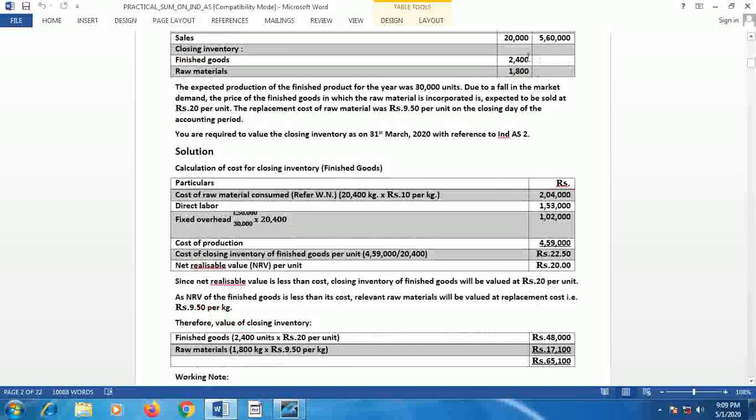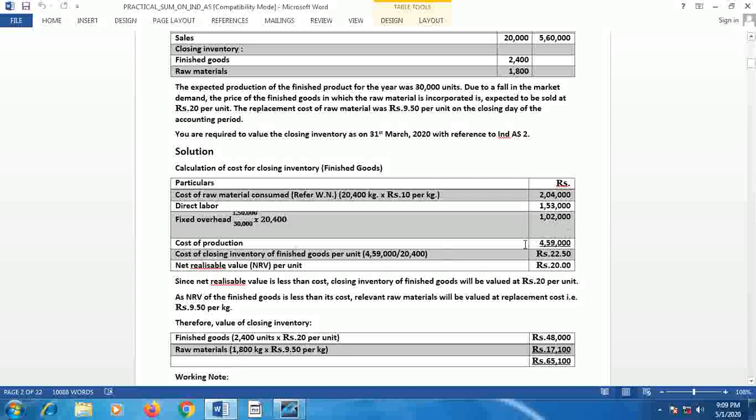So for the fixed overhead, it is taken as 1,50,000 divided by 30,000 units into 20,400 units of raw material, because raw material here forms part of the finished goods. The same quantity of raw material is produced as output. So 1,50,000 divided by 30,000 into 20,400 units gives the fixed overhead as 1,02,000.